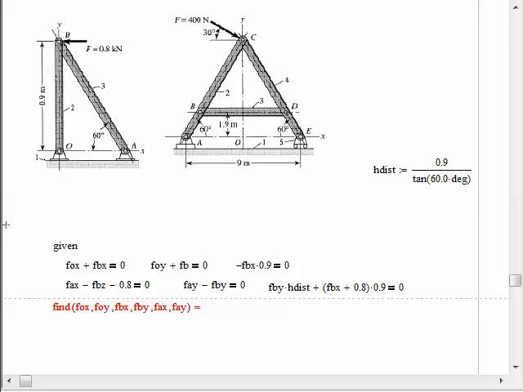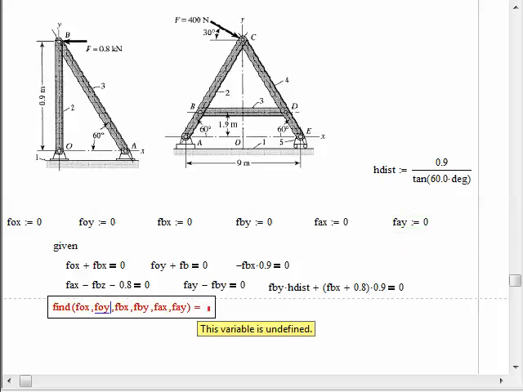So FOX colon equal to 0, FOY colon equal to 0, FBX colon equal to 0, FBY colon equal to 0, FAX colon equal to 0, FAY colon equal to 0, and I would have hoped for an answer at this point, and so I've typed something wrong somewhere.